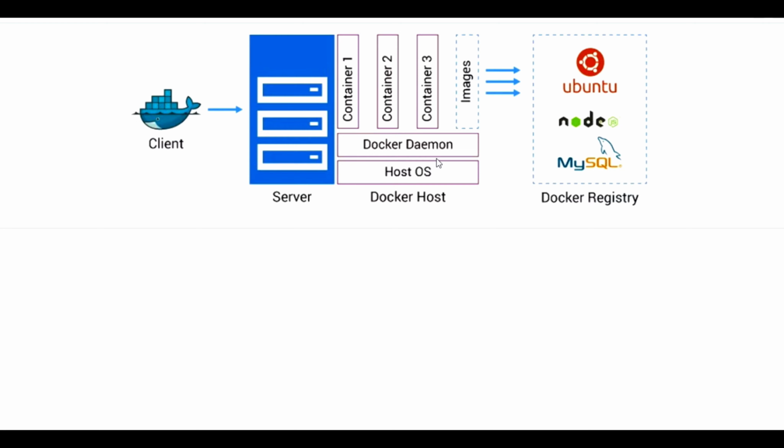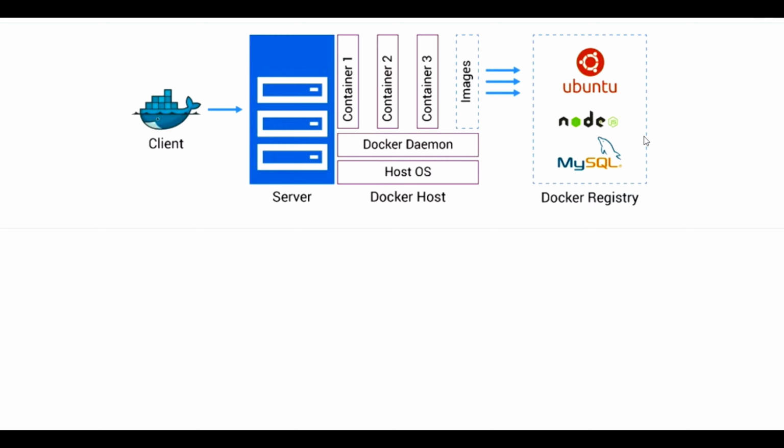What it does is mainly provide the underlying infrastructure to run Docker containers. Now, what is the Docker registry? If you look here, you will see the Docker registry. The Docker registry is a service for storing and distributing all images.